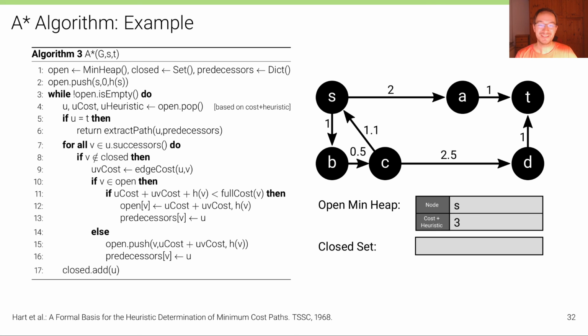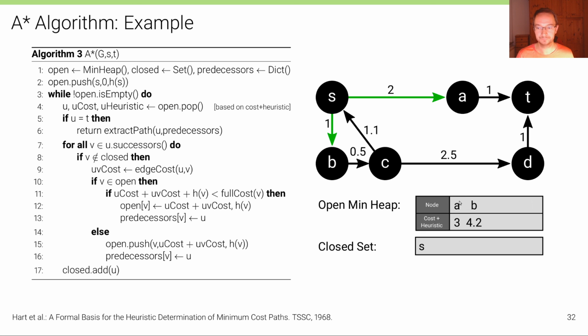So here is the same example from before. Now we're going to run the A-star algorithm here on the left. We're going to start with the open min heap, where now we're inserting node S, but we are not going to insert the cost to node S, but the cost plus the heuristic to the sink, which is: the cost to node S is 0 plus the estimated distance, the Euclidean distance from S to T, is 3.